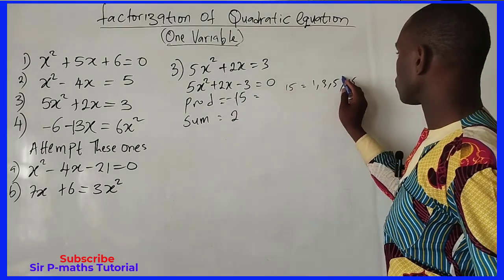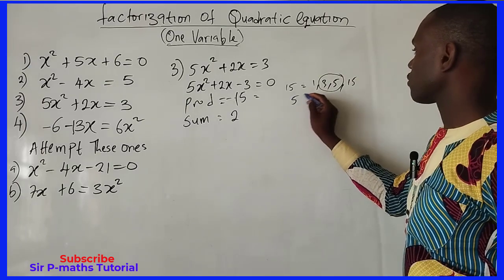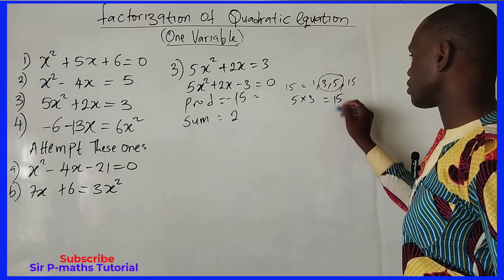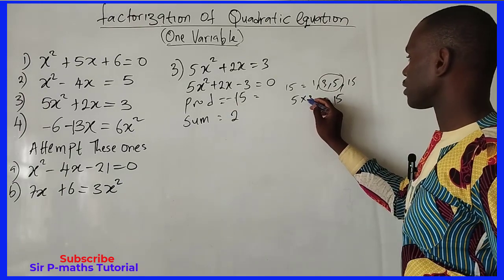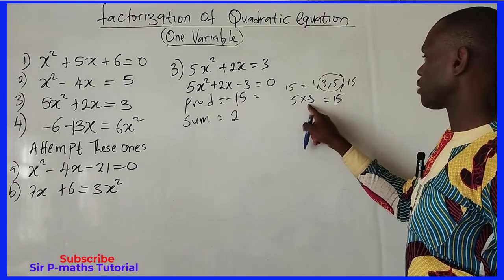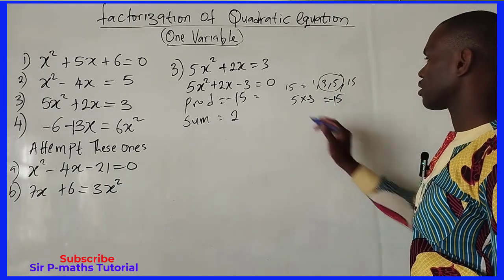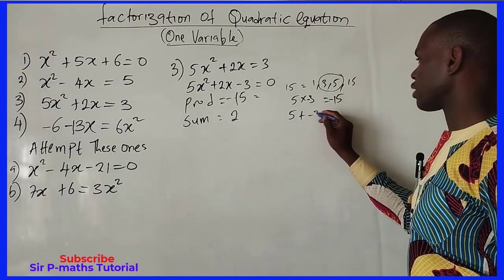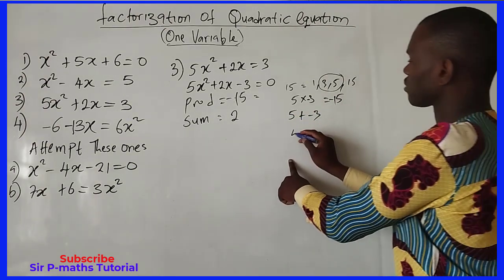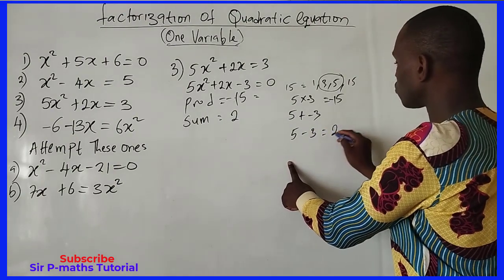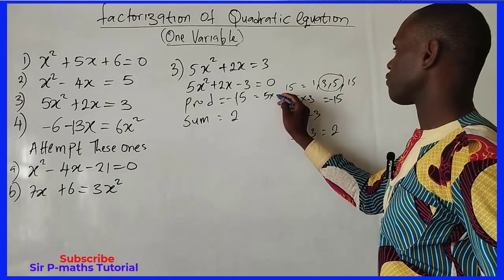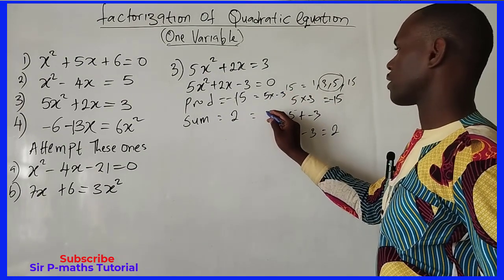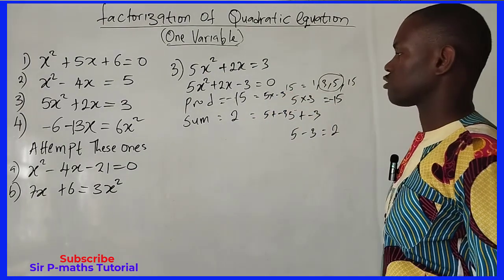Look at this. Let us use 3 and 5. 5 times 3 will give me 15. But what I'm looking for is negative 15. So let me make 3 negative. So if I multiply both now, I'll have negative 15. Then if I have 5 plus minus 3, this is same as 5 minus 3, which will give me 2. Okay? So the two factors I am looking for are 5 times minus 3 and 5 plus minus 3.